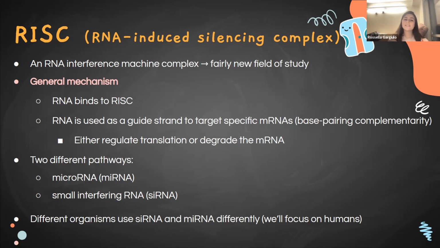When it targets these mRNAs, this allows silencing of the gene, because if you degrade or store the mRNAs before they can get translated, then you're silencing the gene. For a gene to be expressed, the protein needs to be made. If there's no protein, then even though the gene was transcribed, it's not being translated, so the gene is silenced.